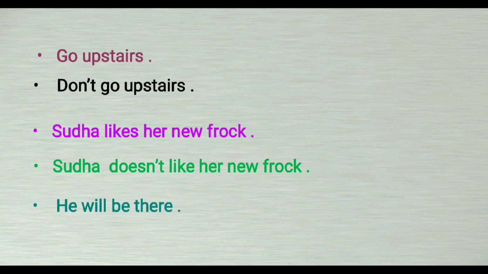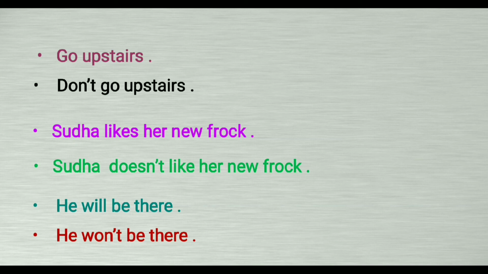Next is, he will be there. Here will is a helping verb. So what will be the answer? He will not be there. He won't be there. If you read the contraction form of the verb in contraction form, then your pronunciation will be changed.